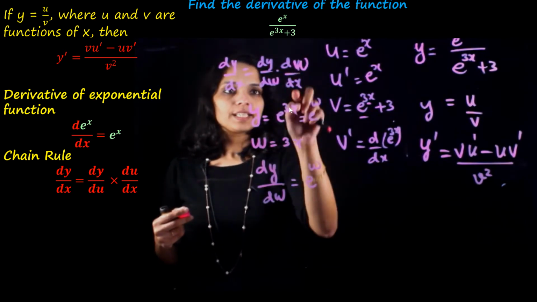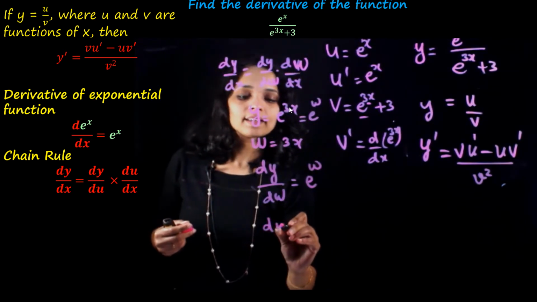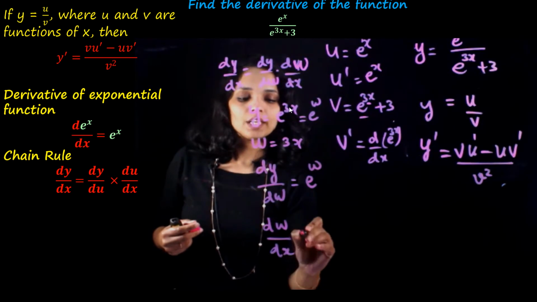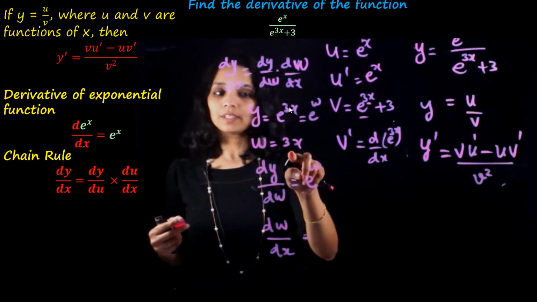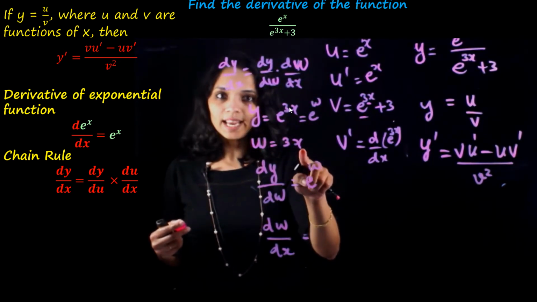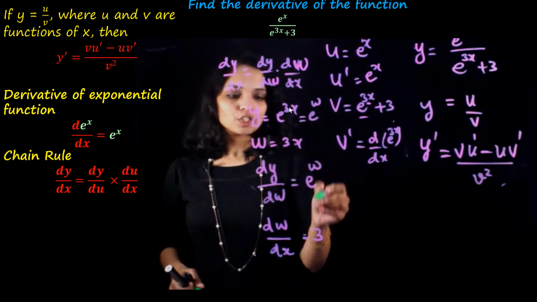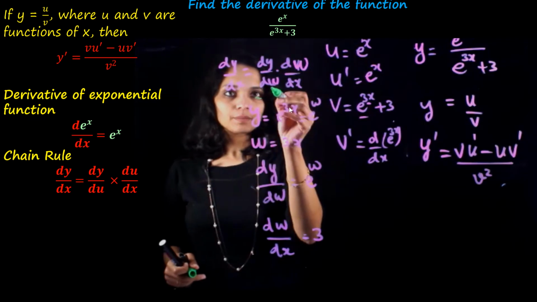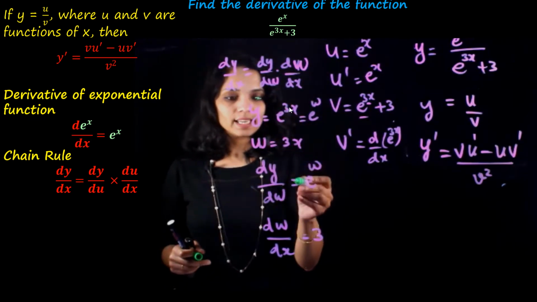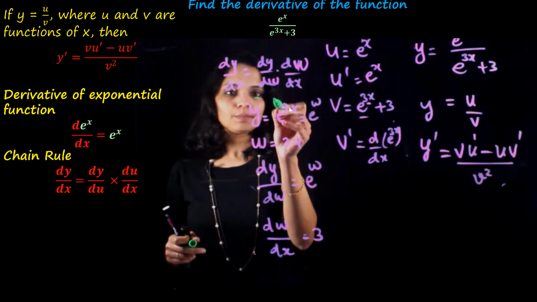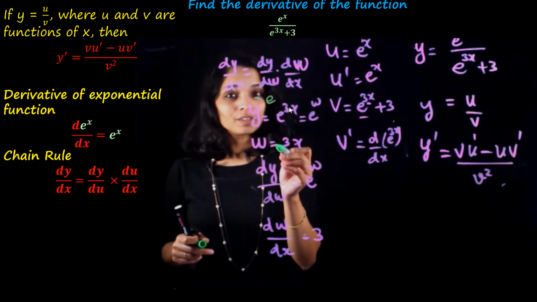And then you need to find dw on dx, which is the derivative of 3x with respect to x, which is 3. So we can substitute that in here: dy on dx equals dy on dw, which is e to the power w, times dw on dx.